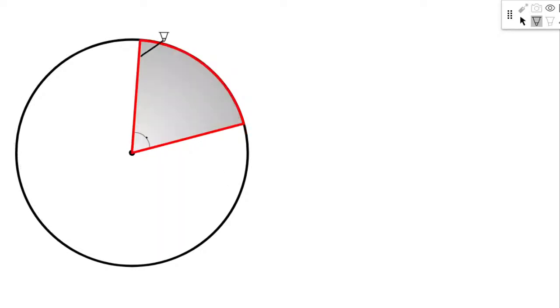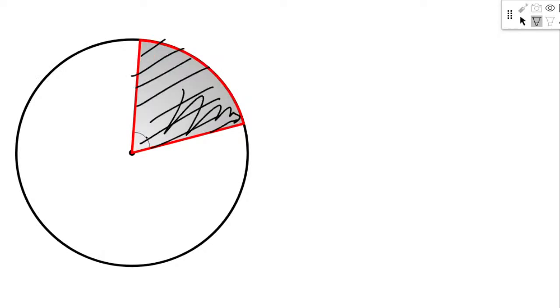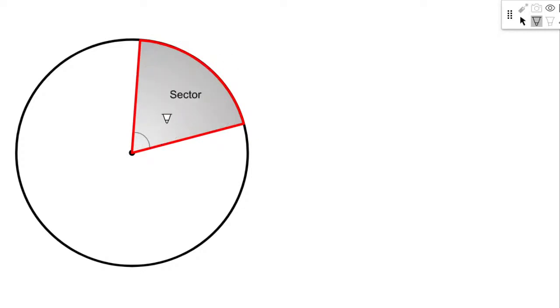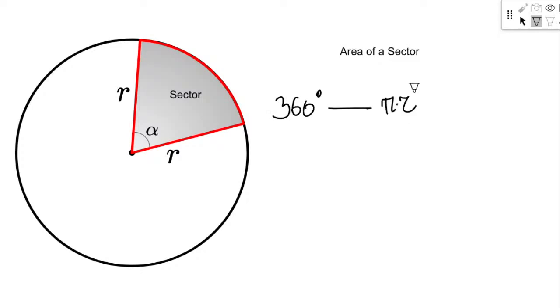But also an arc has this part, we can find this area, and this area is called a sector. How do we find a sector? Area of a sector. It's very similar in practice to what we did with the arc. We have 360 degrees that are equal to the area. What is area? Pi multiplied by r squared. And we have alpha degrees that are unknown.